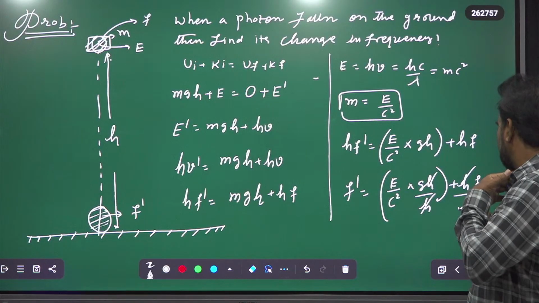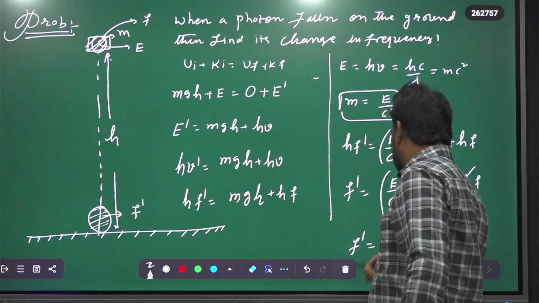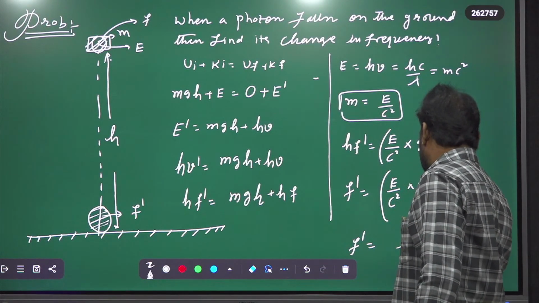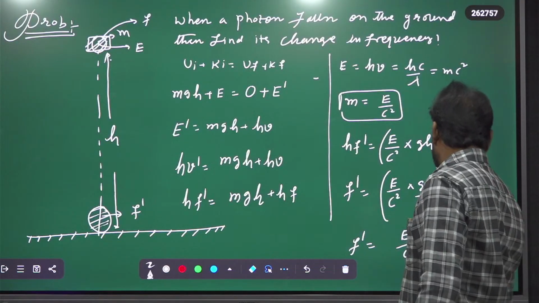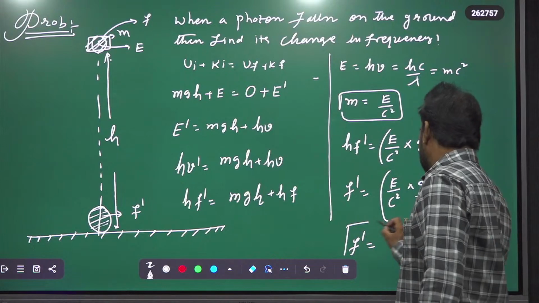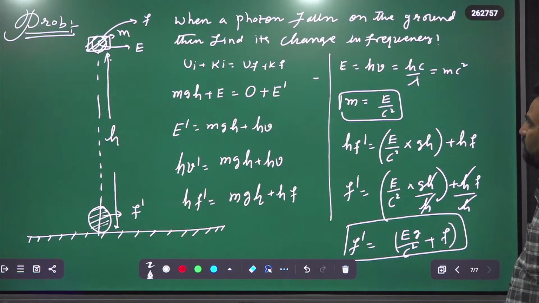Here also h will get cancelled out. So the change of frequency f dash would be equal to Eg upon c square plus f. Therefore, the change in frequency of photon would be f dash is equal to Eg upon c square plus f.